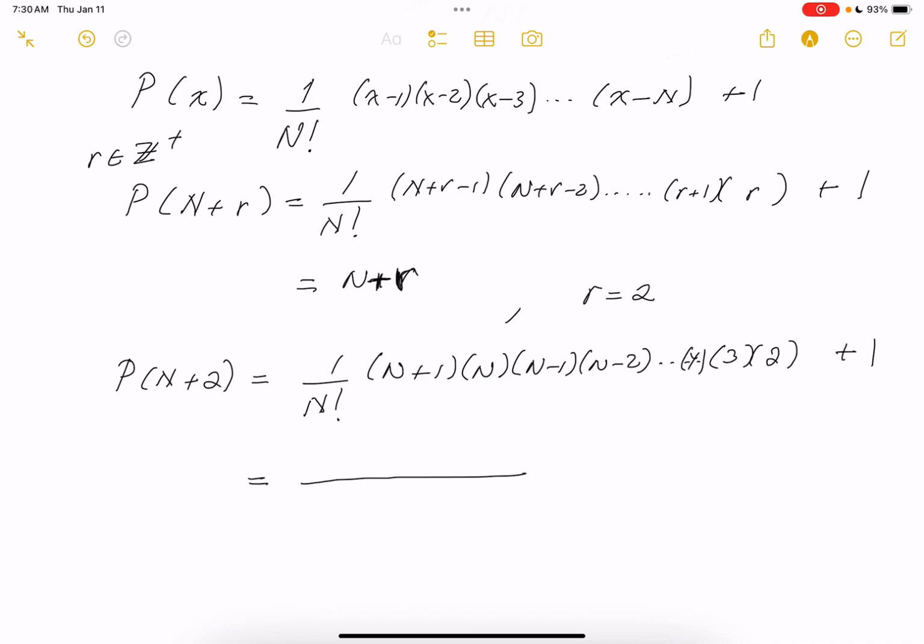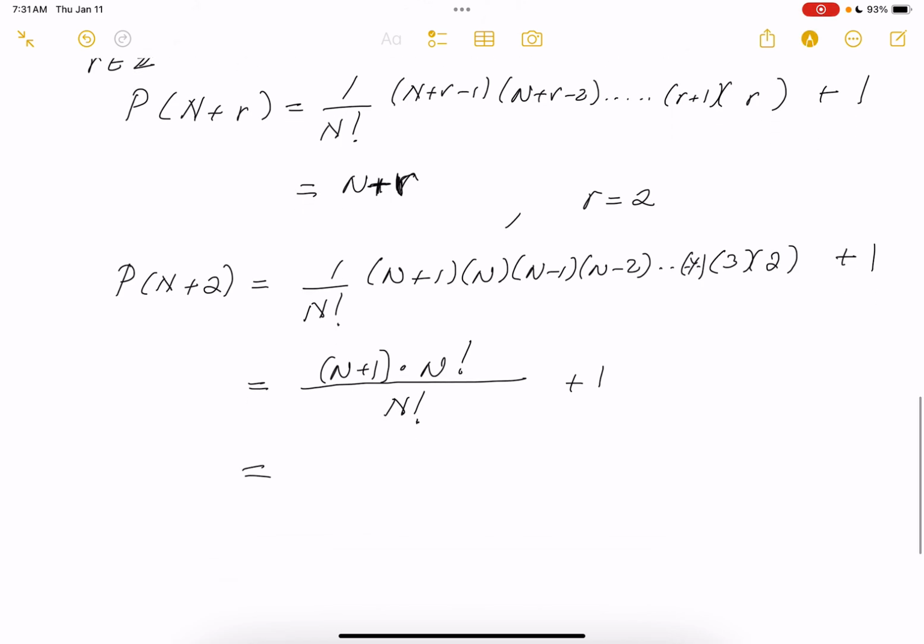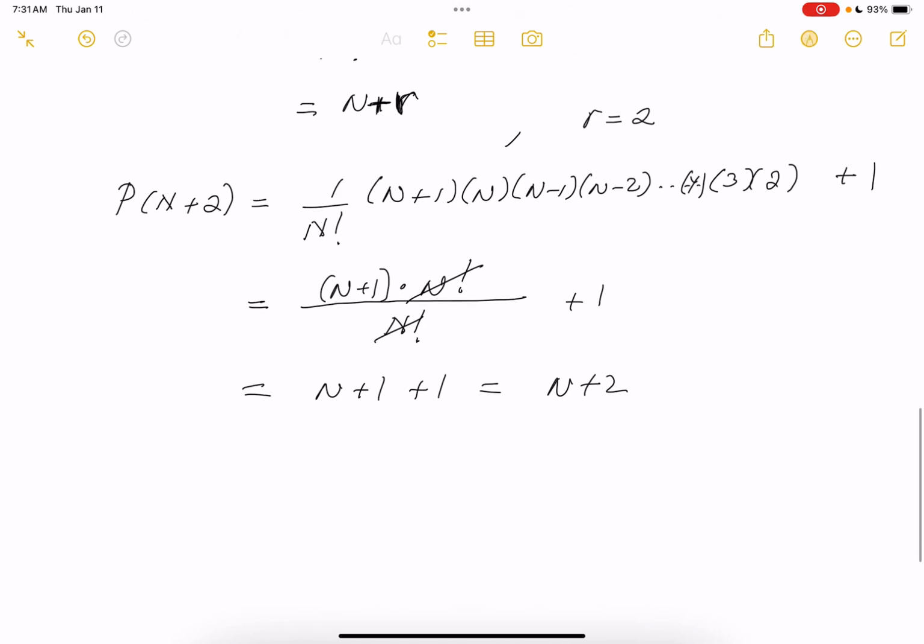Well, on top, you're actually getting n plus 1 times n factorial over n factorial, plus 1. All right? Let's take a look at this, and what do you get? Well, the n factorials cancel off. It's not 0. And you get n plus 1 plus 1, which is n plus 2. All right? So r is equal to 2. And we're done with that one. Thank you.